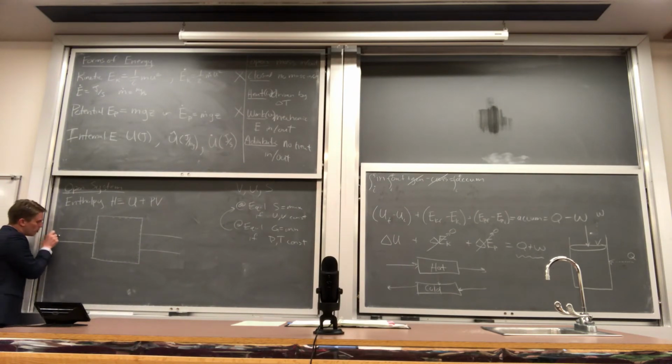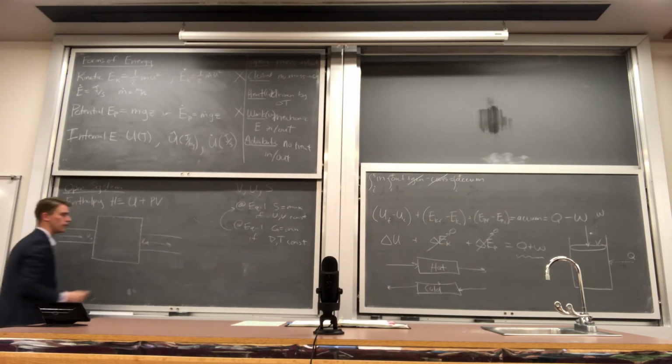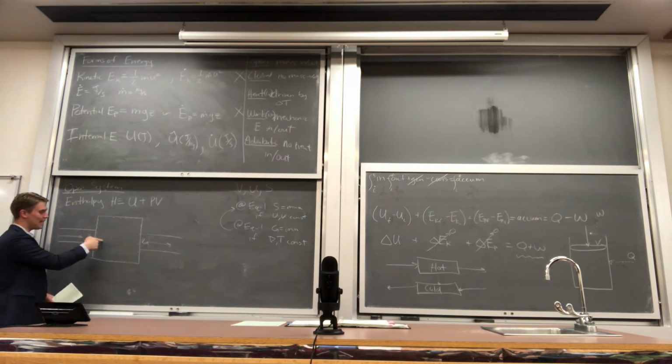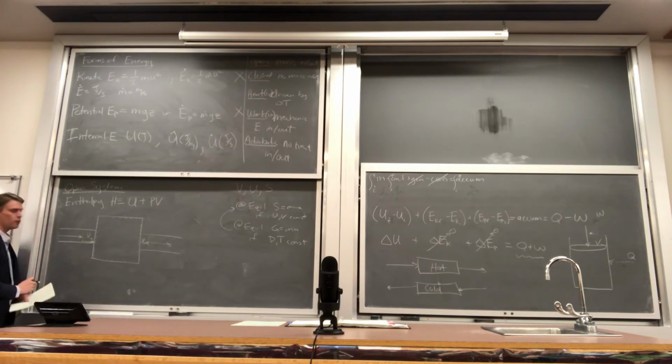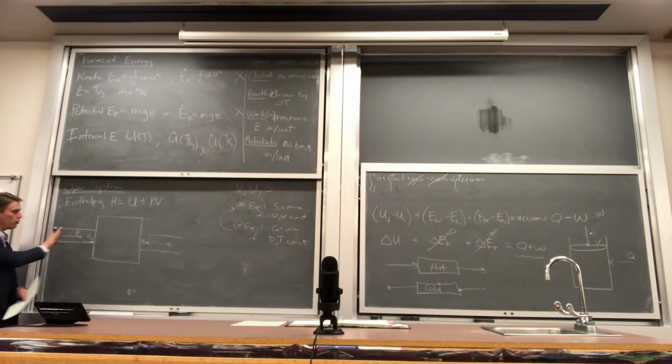When material is flowing into the system, it's physically having to push the volume in and out of the system. So in order for this fluid to make it into the system, the flow has to push some volume element into the system, and the only way it can do that is with some sort of fluid pressure. You can imagine that the fluid here is squeezing in that fluid and forcing it to flow into the system.